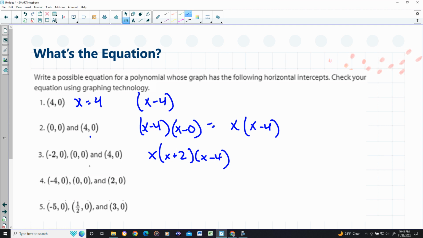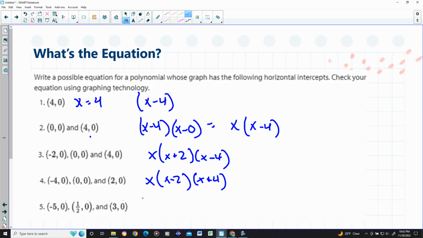And we can build polynomials in this way. If I want a graph that crosses through -4, 0, and 2, then it's going to have an x, it's going to have an x minus 2 term, and it's going to have an x plus 4 term. How about this one?